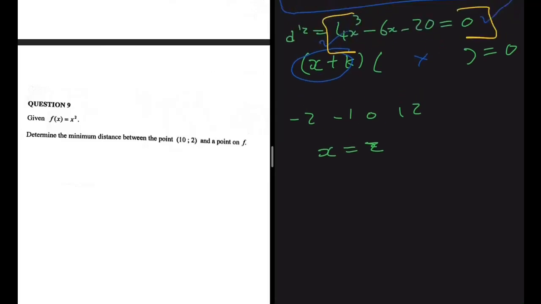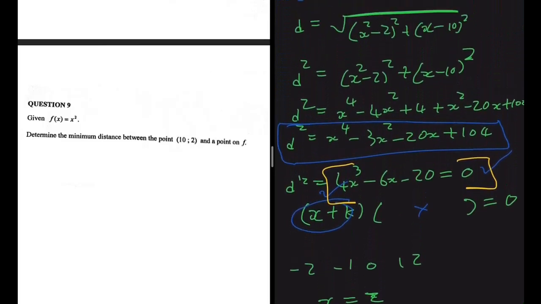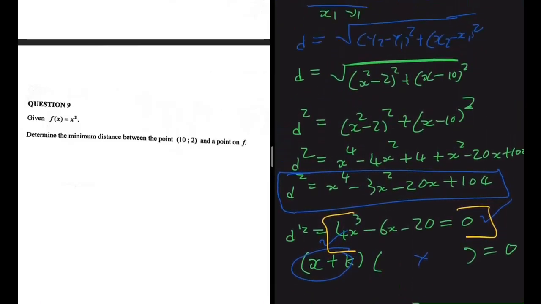We can substitute x equals 2 into the distance formula that we started with, and then substitute 2.1 and 1.9. Because if a value slightly above 2 and a value slightly below 2 both give us a bigger distance than when we substitute 2, then 2 is the value we're looking for. So let's go ahead and substitute 2.